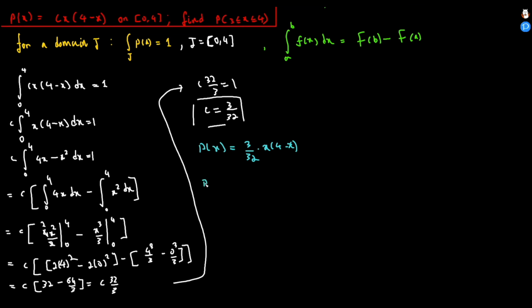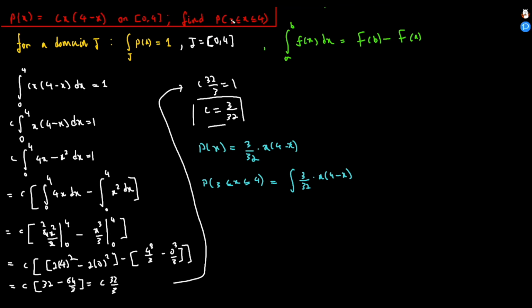So what we asked is the probability that x takes a value between 3 and 4, and that's equal to the same thing, except now we have different boundaries, right? So this is the exact same process. We just do the integral of p of x, which is this function, 3 over 32 times x times 4 minus x, and we use this boundary now.